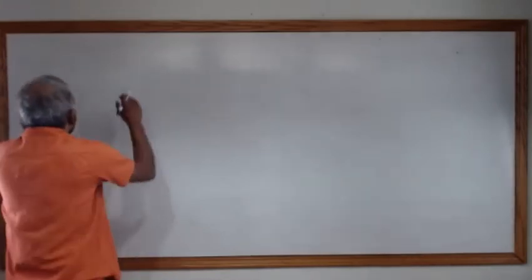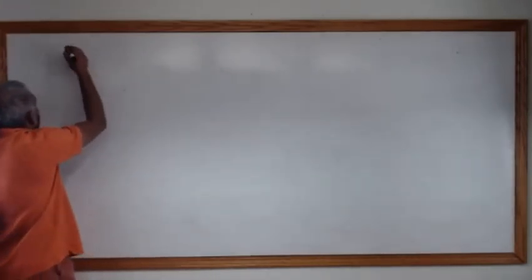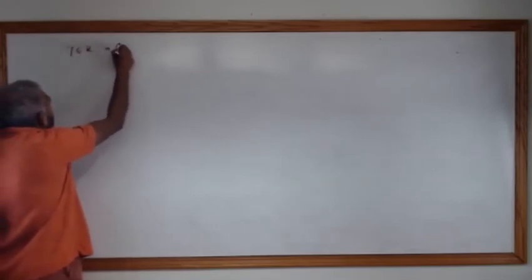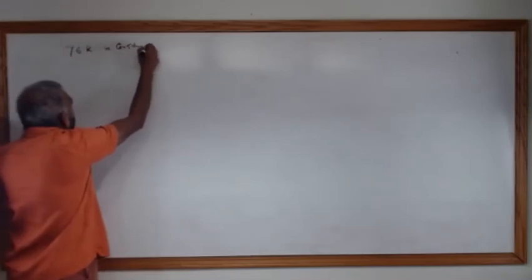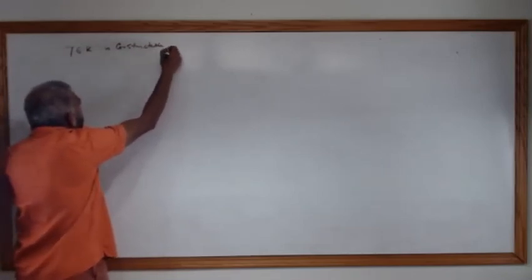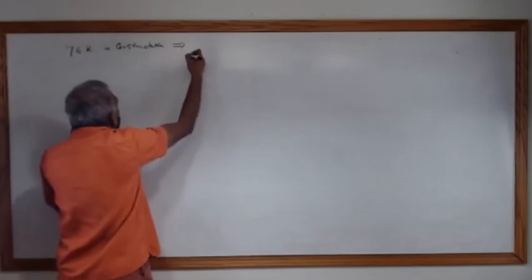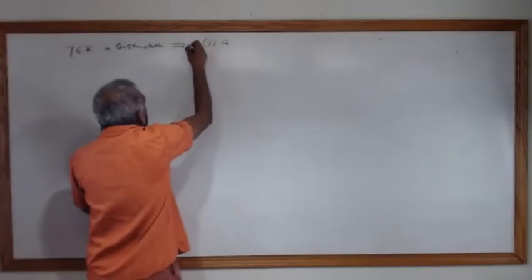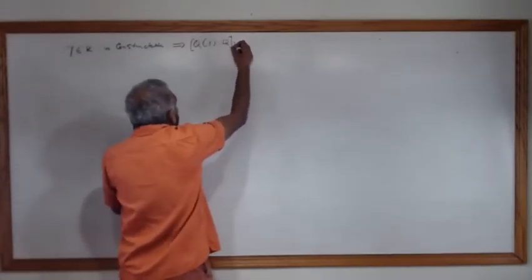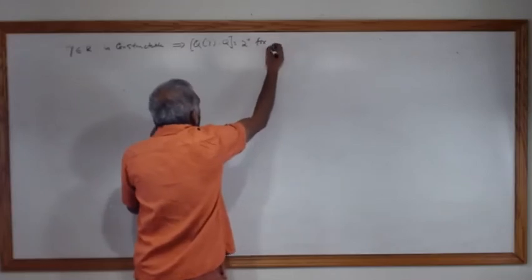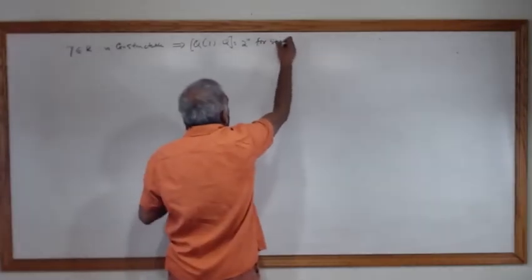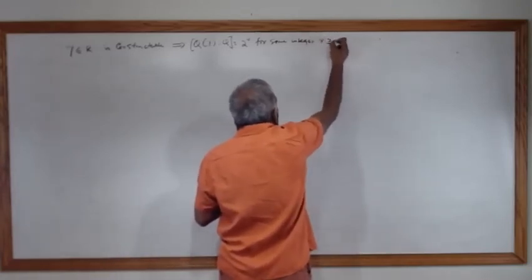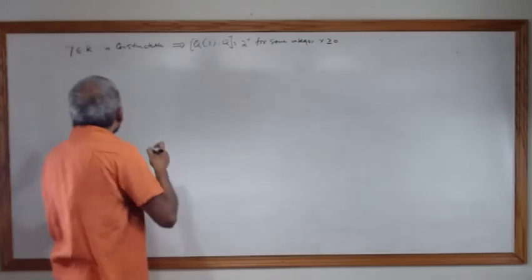So let us recap that result. Gamma belongs to R is constructible implies the degree of Q(gamma) over Q is equal to 2 to the power of r for some integer r greater than or equal to 0.